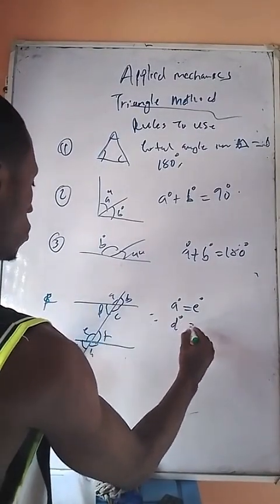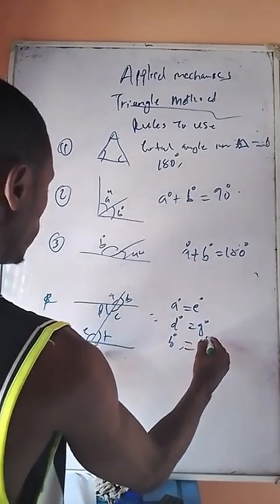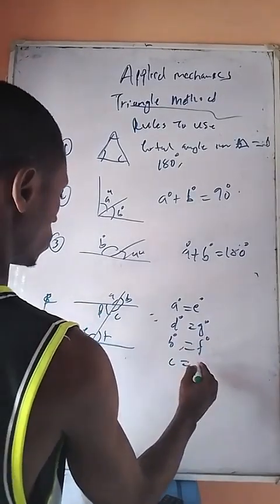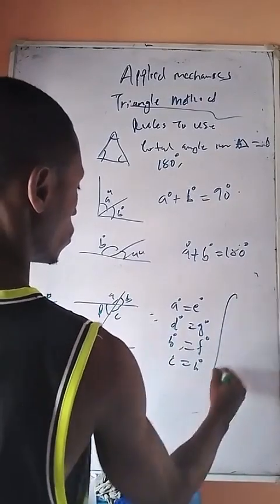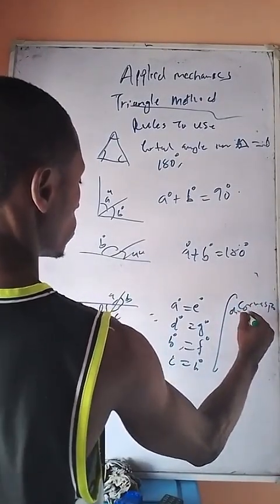Angle D is equal to angle G, angle B is equal to angle F, angle C is equal to angle H. This is what we call corresponding angles.